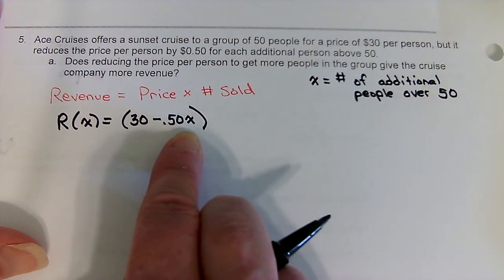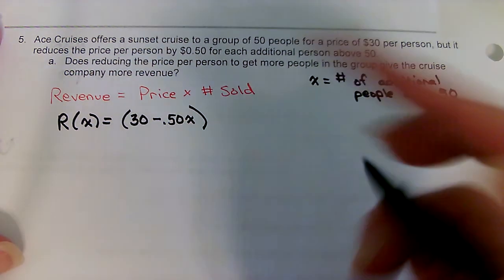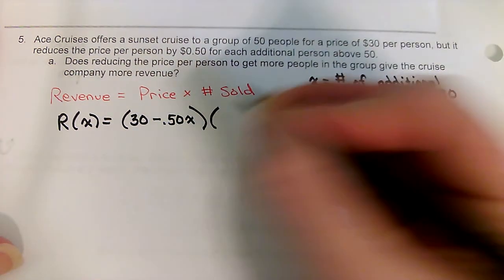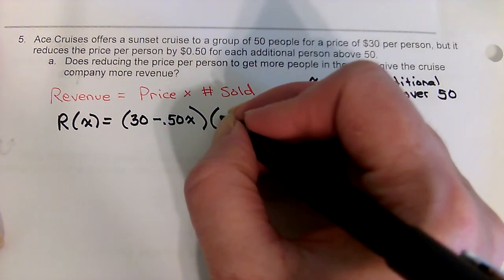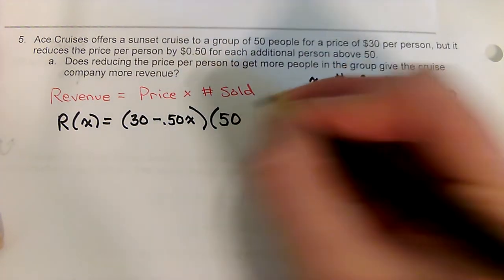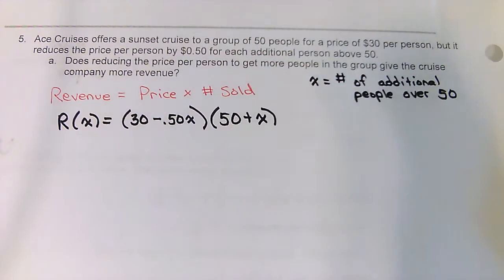Because it's 50 cents times the number of additional people over 50. Now we need to know how many tickets are sold. Well, it's 50, because it's a group of 50, plus however many extra you have.